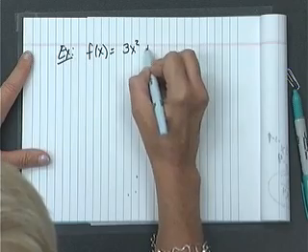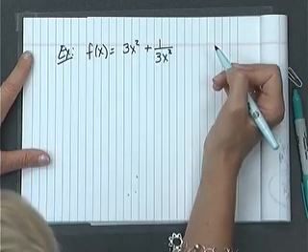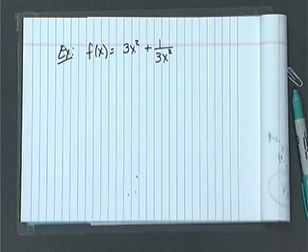3x squared plus 1 over 3x squared. All right. Find the derivative.